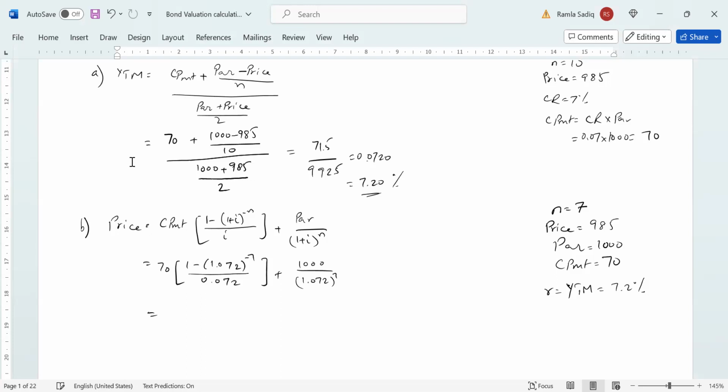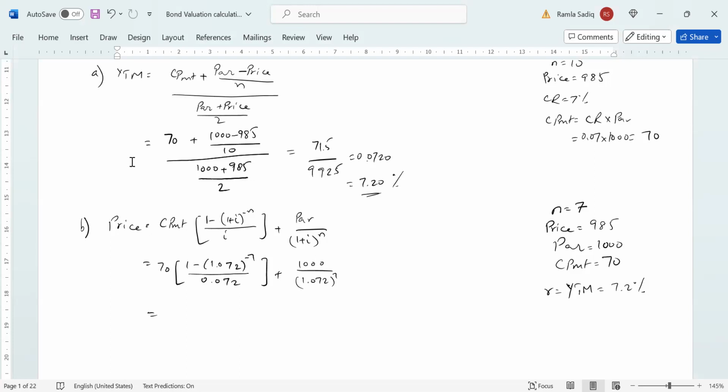All right, so plugging that into our calculator one by one. 1.072 to the power of negative 7. 1 minus our answer.